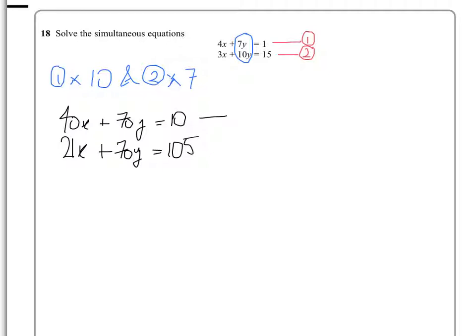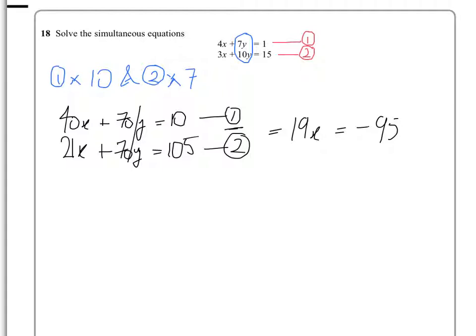Now again, keeping the numbering the same, so this is still number 1 and this is still number 2, what we do then is we subtract number 2 from number 1. And if we do that, 40x minus 21x gives us 19x, 70y minus 70y obviously cancels out, and that's what we were hoping to do, and 10 minus 105 gives us minus 95.